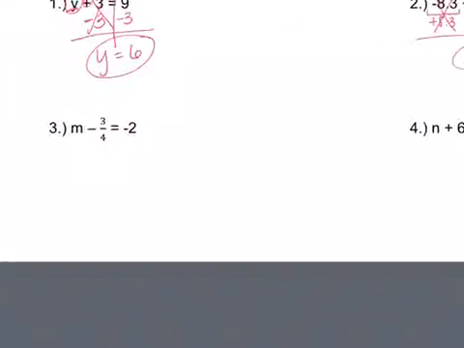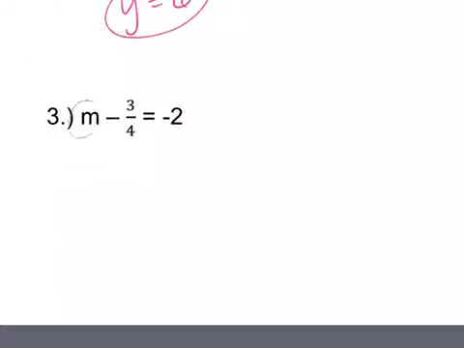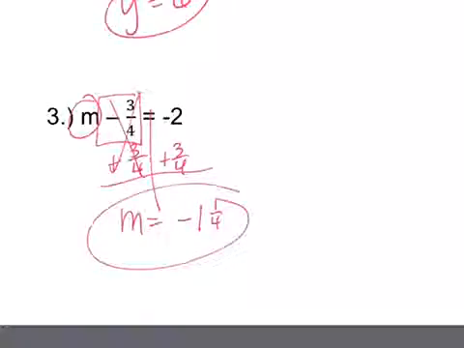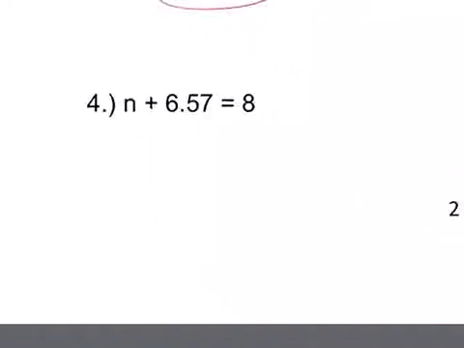Okay. All right, here we have one with the fractions. So circle the variable, draw the line down. Again, we're trying to get rid of this, so opposite. That cancels out. M is equal to negative 1 1/4. And the last one, circle the variable, draw the line down.